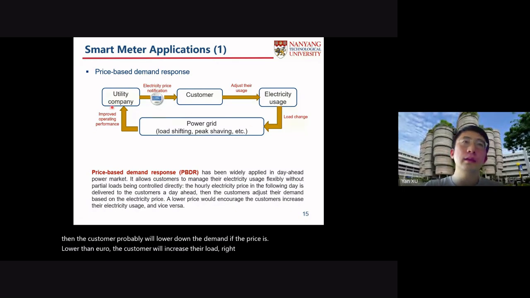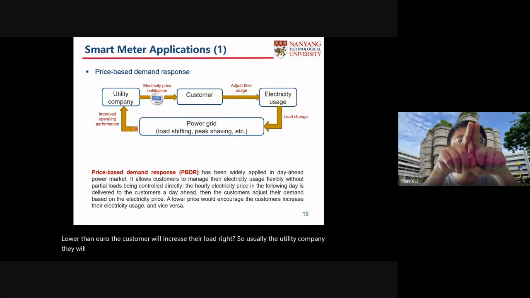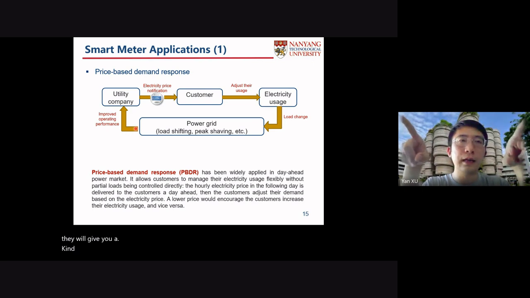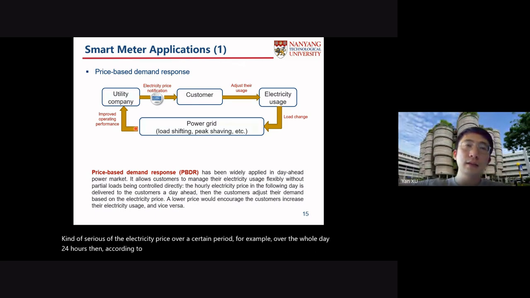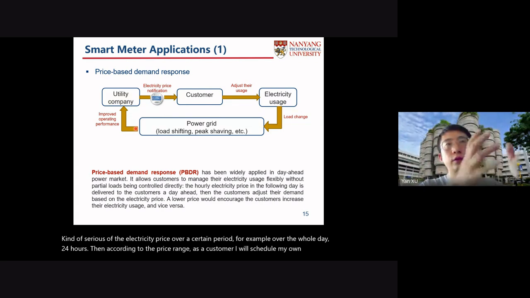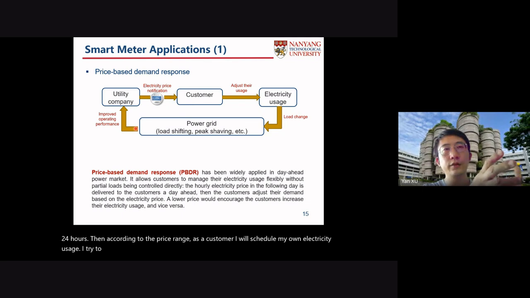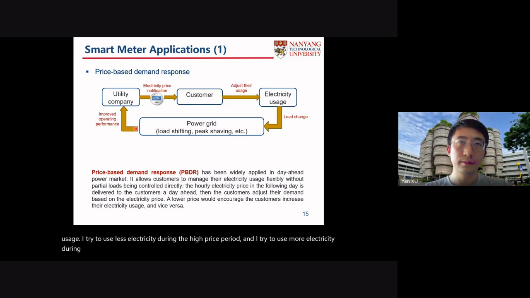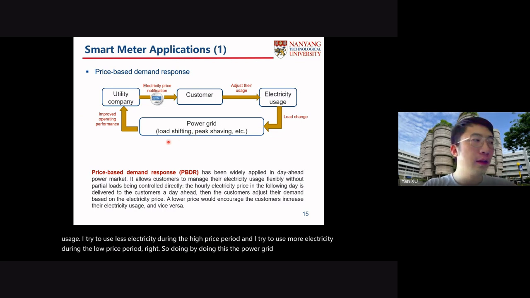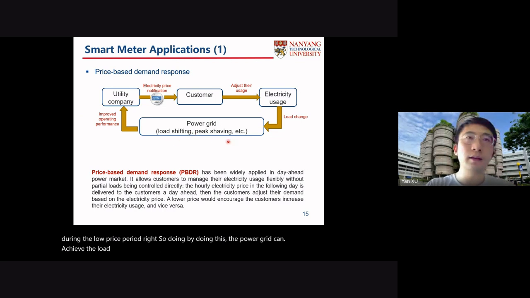Usually the utility company will give you a series of electricity prices over a certain period, for example, over the whole day, 24 hours. Then according to the price range, as a customer, I will schedule my own electricity usage. I try to use less electricity during the high price period, and more electricity during the low price period, right? By doing this, the power grid can achieve load shifting, peak shaving, and other functions.